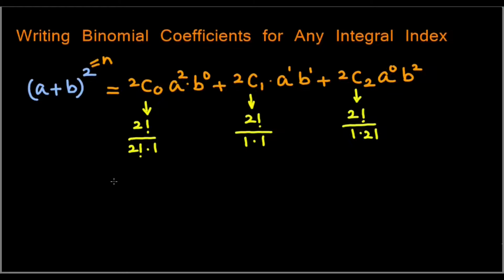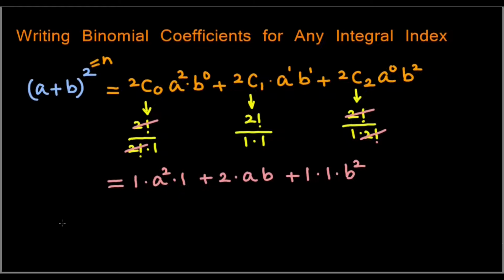So here the binomial expansion will be: 2 factorial cancels with this 2 factorial, so it will be 1 into a squared b raised to 0 will be 1, plus 2 factorial is 2 multiplied by 1, that will be 2, into a raised to 1 is a, b raised to 1 is b, plus 2 factorial cancels with this 2 factorial, which will be 1 into a raised to 0 is 1 and b squared.